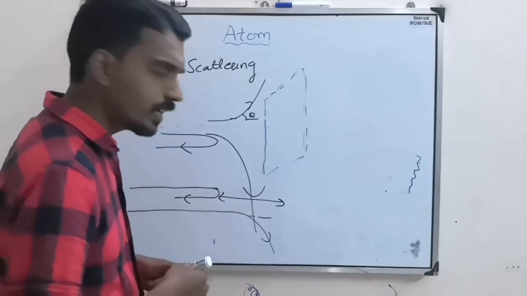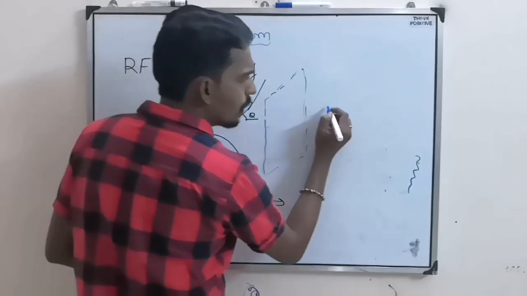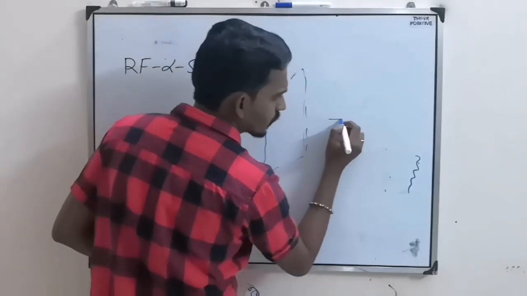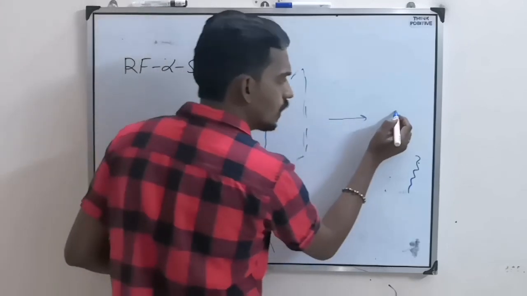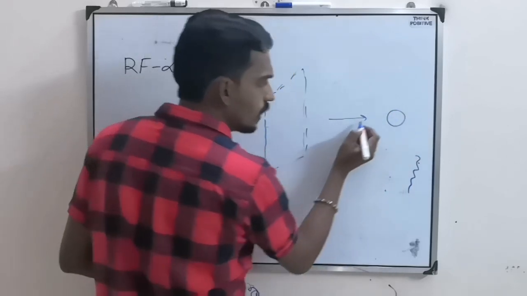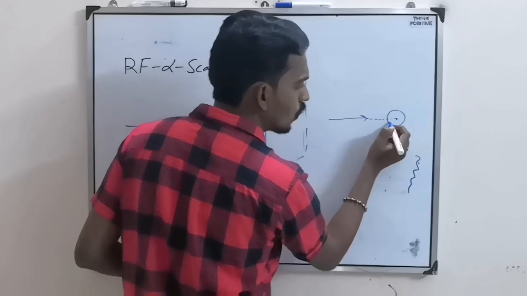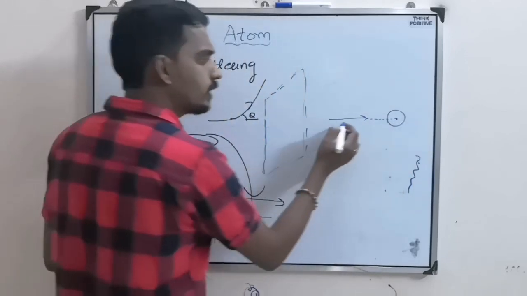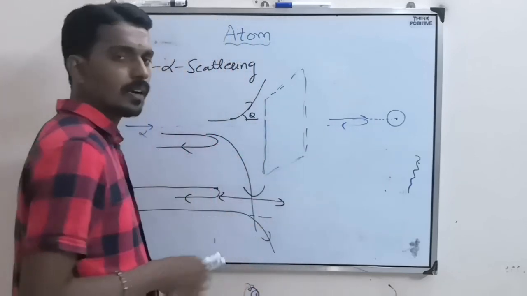So from this what he concluded is, in the gold foil there is a gold atom. If the alpha particle is coming towards the center of the gold nucleus, it will reflect back.